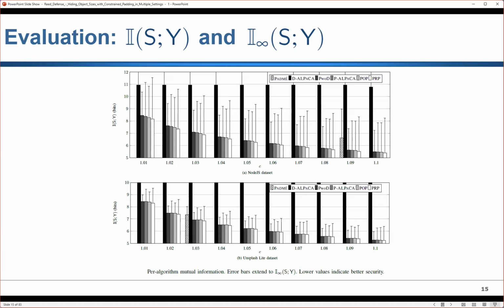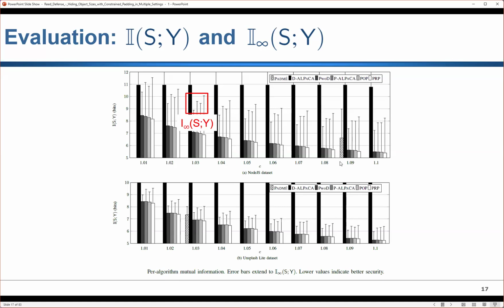And then we plotted it where it lies as far as its value of C. So we have it plotted here at 1.09 on Node.js, 1.03 on the Unsplashlight data set. For each one of these clusters of results here, the bars extend to the result that the padding scheme yielded for mutual information. And the error bars or the whiskers extend out to their results for I infinity.